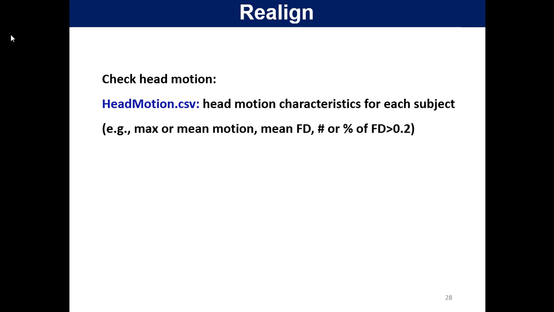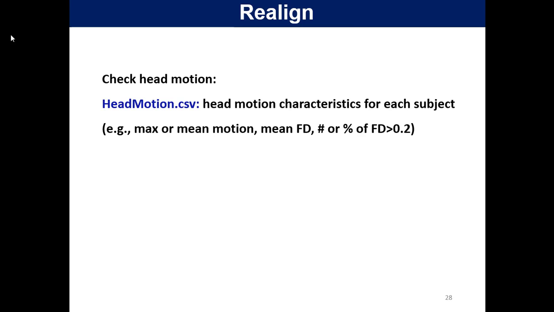Usually, we exclude the subjects according to mean FD. So you can open the head motion .tsv or .csv. You can just use Excel to open that file. There are many columns with the max or mean motion or mean FD. The last column is always mean FD Jenkins, which is a head motion index.